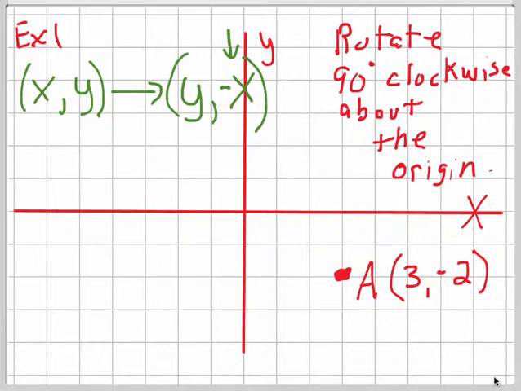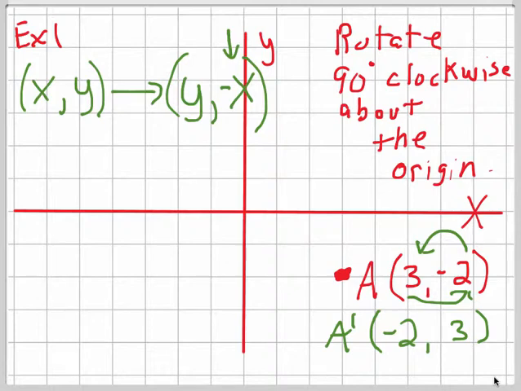So what would happen to point A here? My A prime, okay? Well, let's go ahead and switch these 2 points around. So I'm going to put 3 here and negative 2 here. So it looks like this. And I'm going to change the sign of the second point, okay, the second ordered pair, which is actually my new y coordinate.